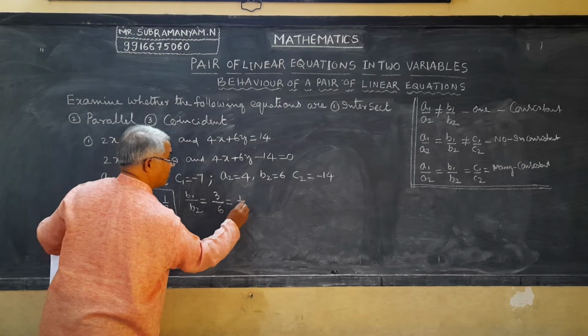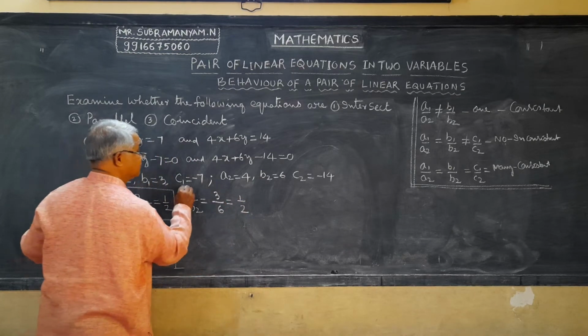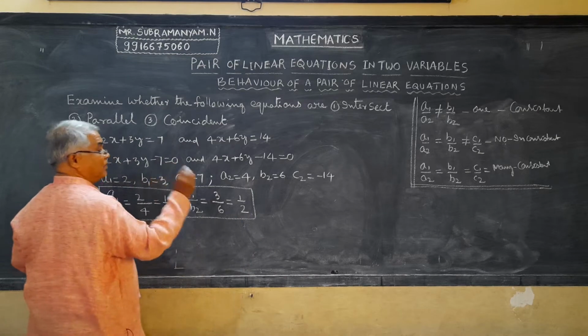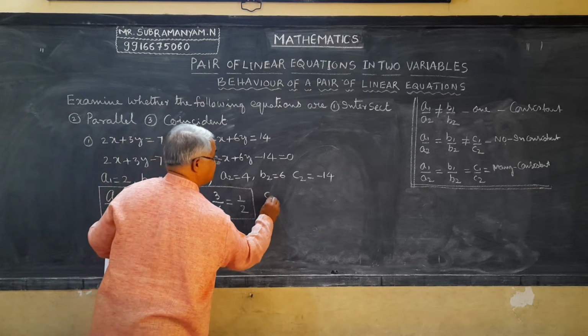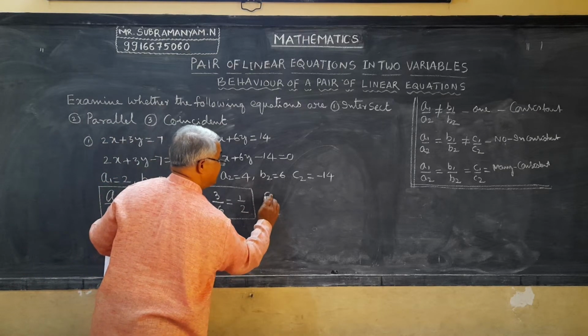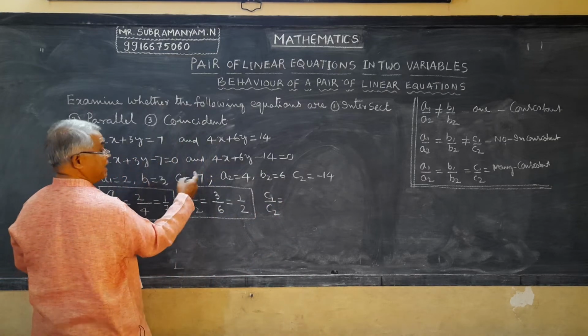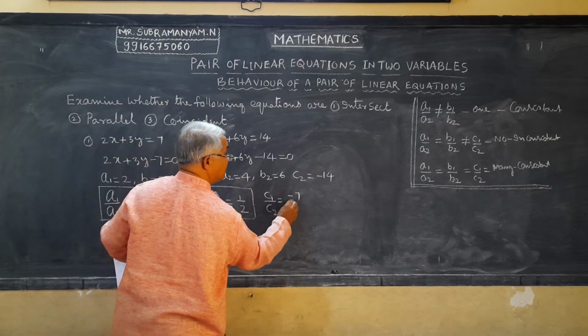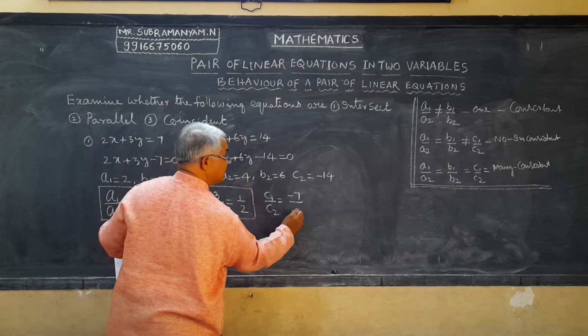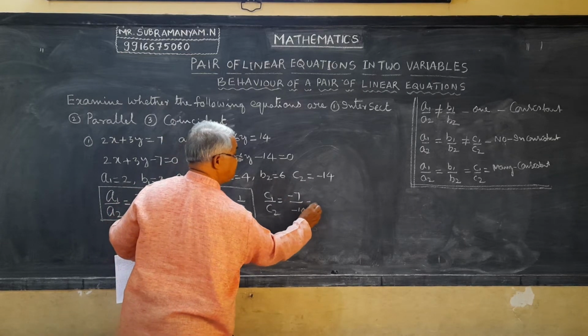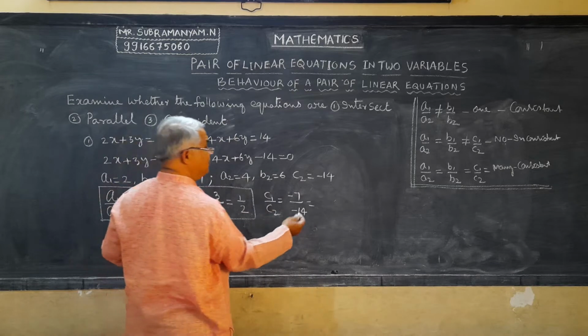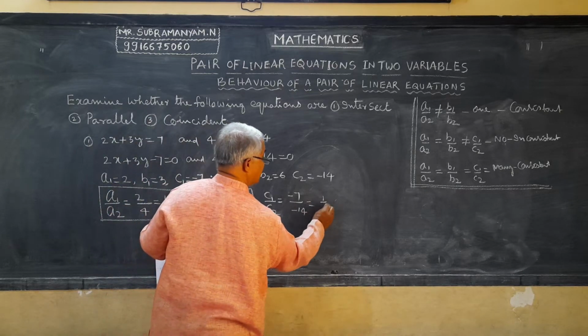Simplify, we get 1 by 2. Next, c1 by c2. c1 value is minus 7, c2 value is minus 14. Minus divided by minus, it is plus, we know 7 ones are 7, 7 twos are 14. So it is 1 by 2.